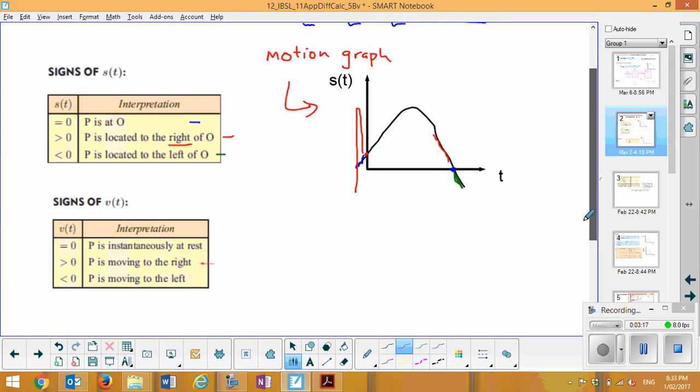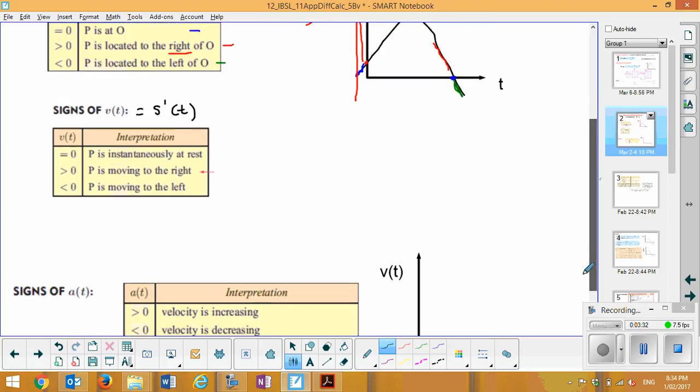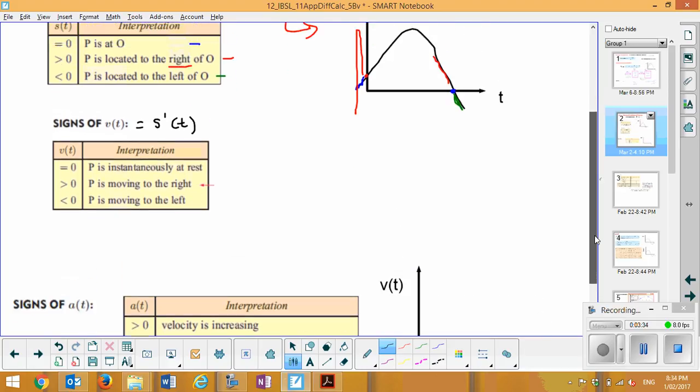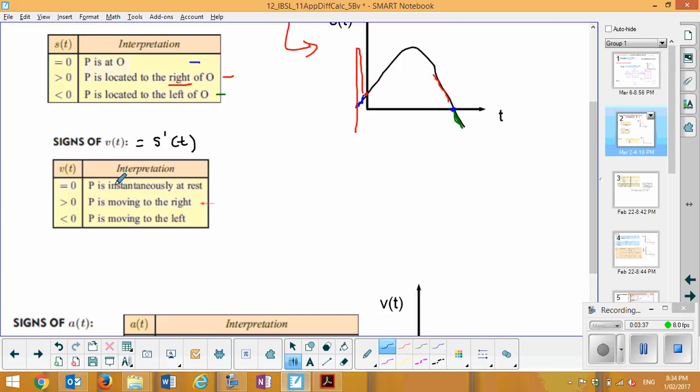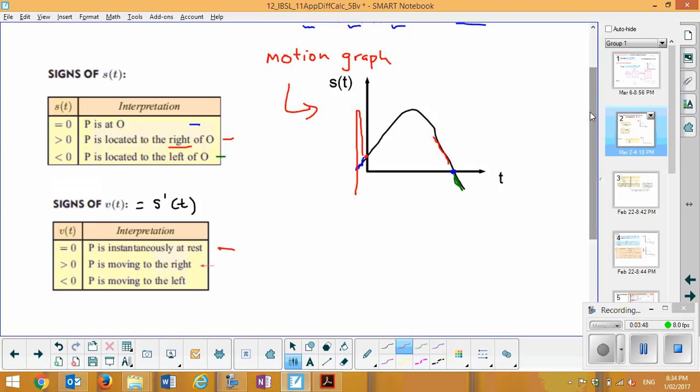Let's now think about the velocity. Velocity, remember, is the derivative of our displacement function, s dash of t. So we're talking about the tangents to our graph. In this case, if the tangent is 0, so the velocity is 0, pick a colour, let's go red.